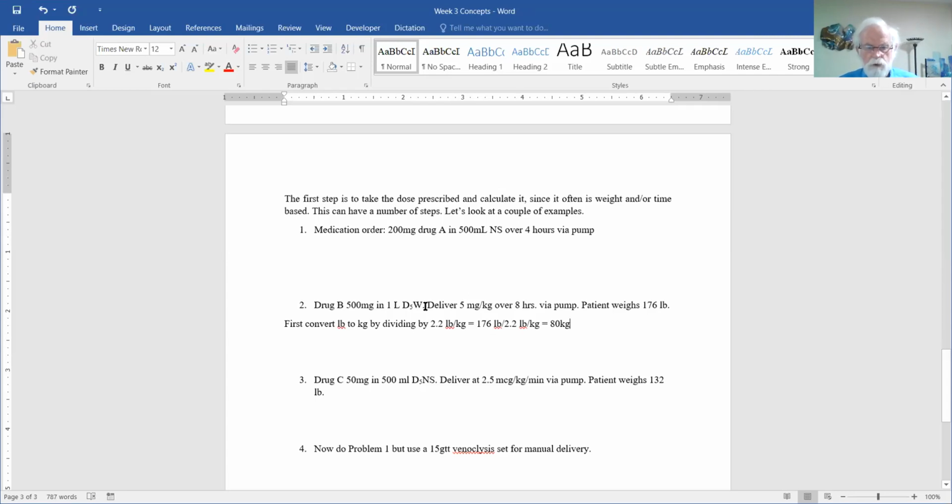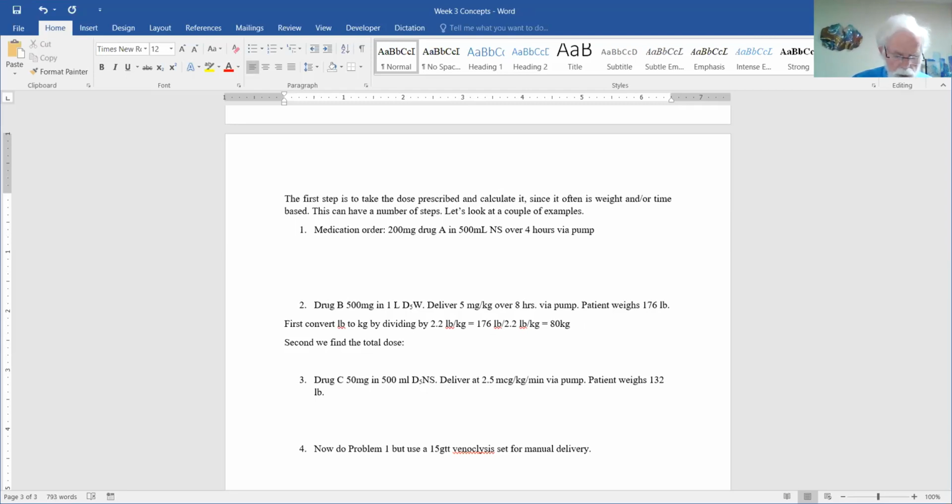So what we have to do is calculate the amount of drug that is to be delivered to the patient in 8 hours. Second, we find the total dose.